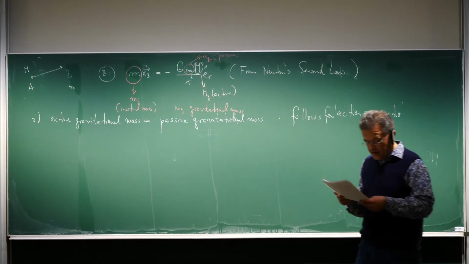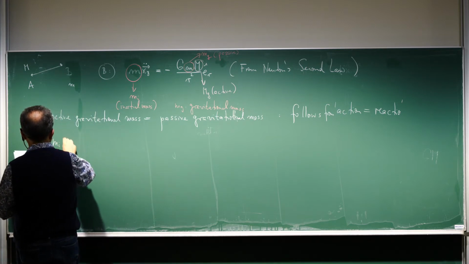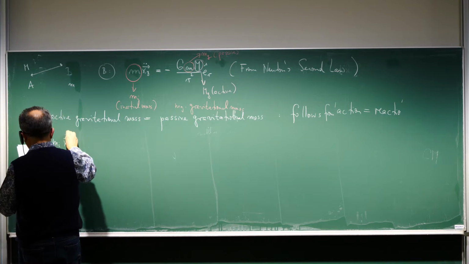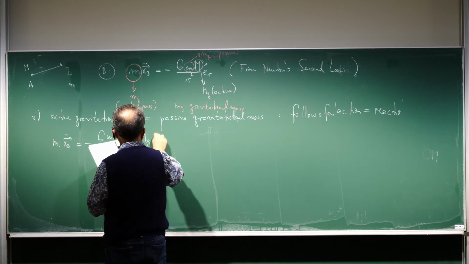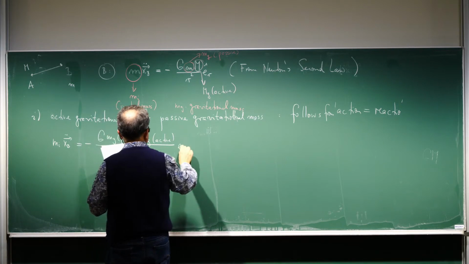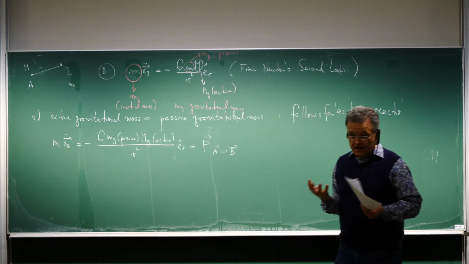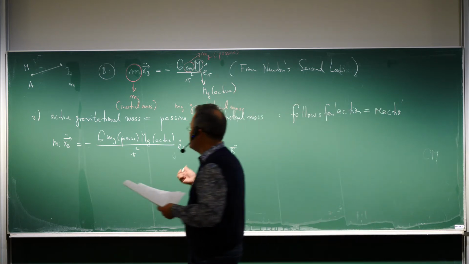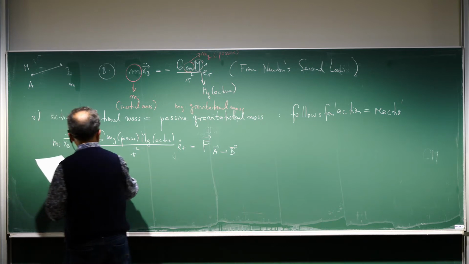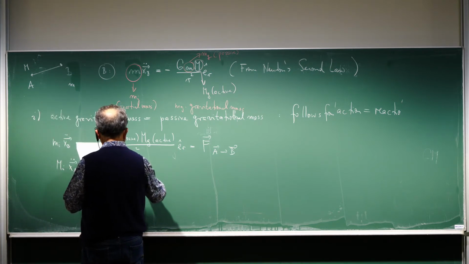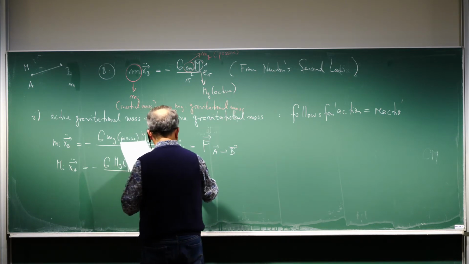Now why? Well, just write down this law from the point of view of B and then from the point of view of A. So we have mi xb double dot, this is minus G mg passive times mg active over r squared er, and it gives you the force that A exerts on B. B is attracted by A by the mass capital M. But you can also go to A, and then we have mi times xa double dot, this is minus G mg passive times mg active over r squared times minus er, sorry.